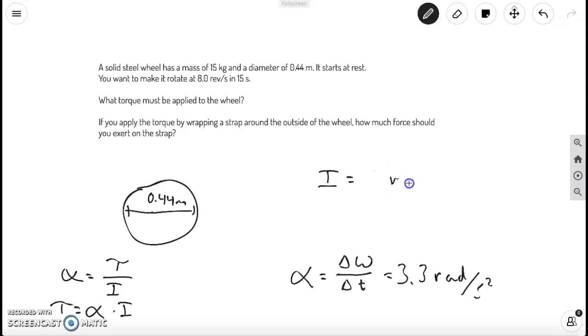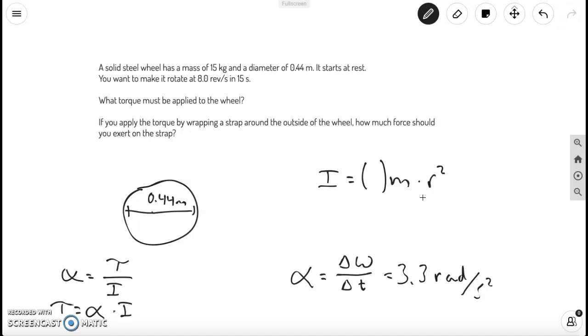Our base equation is mass times radius squared, with the potential to put some kind of fraction in here depending on the shape of the object. So we have the mass of the object, 15 kilograms. We have the diameter, so we can find the radius. And then the only thing we need to do is think about the shape of the object.